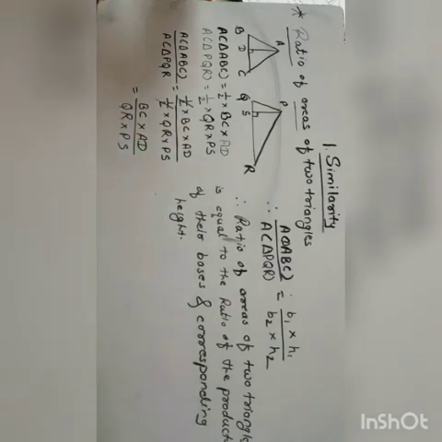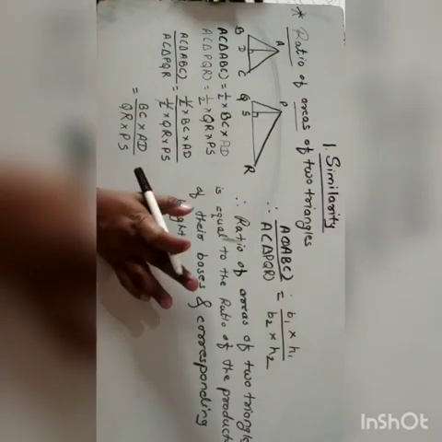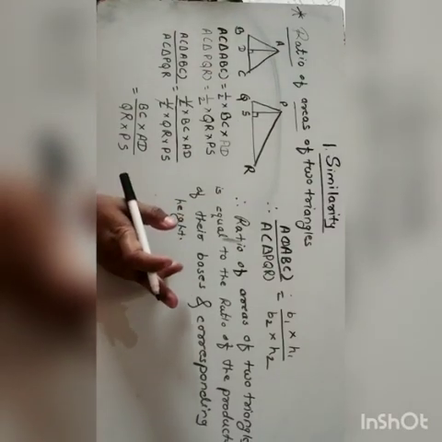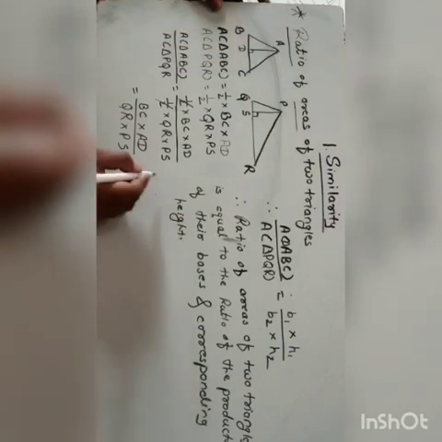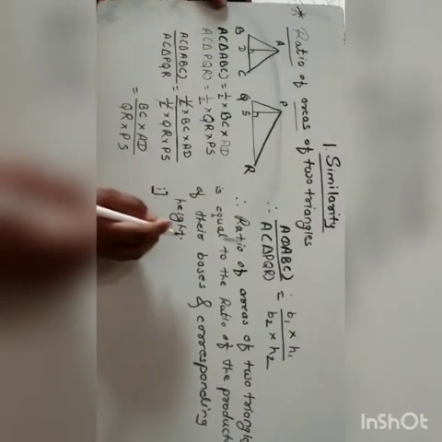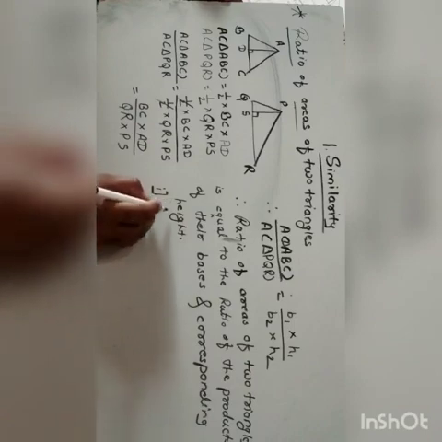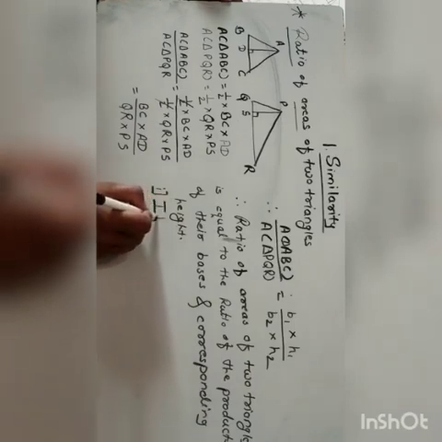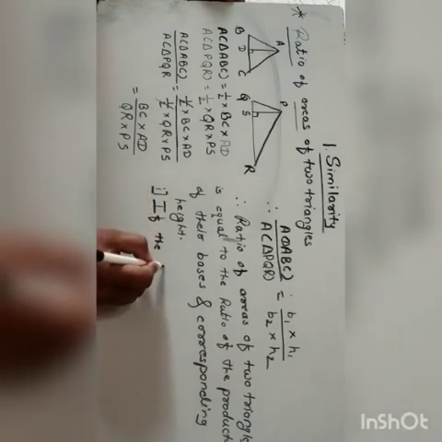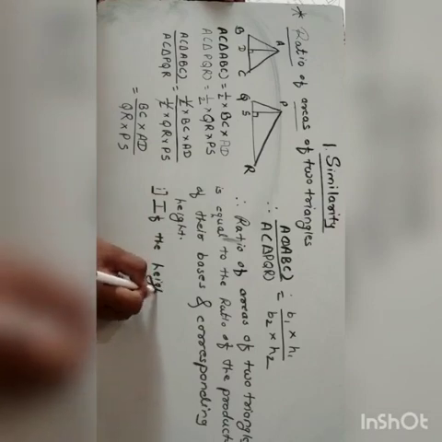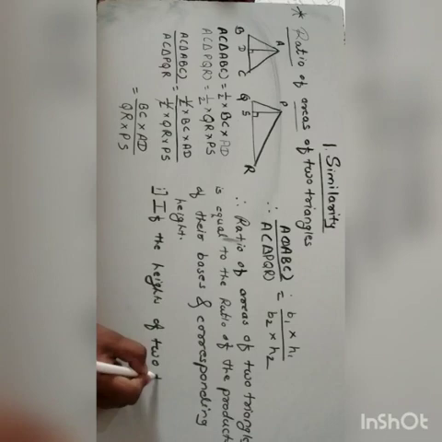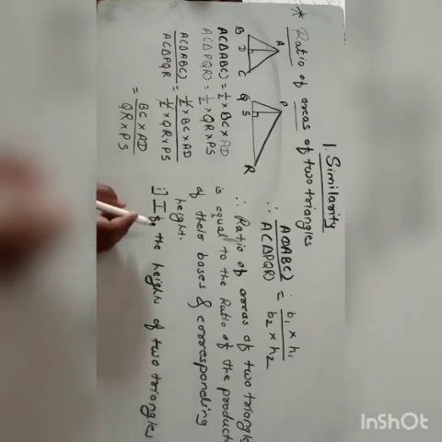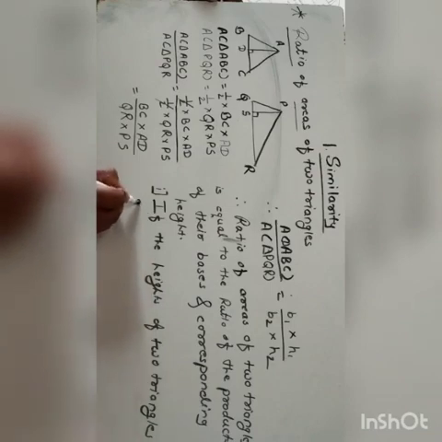Now after that, there are two conditions regarding the bases and heights of the triangles. The first condition is if the heights of two triangles are equal.